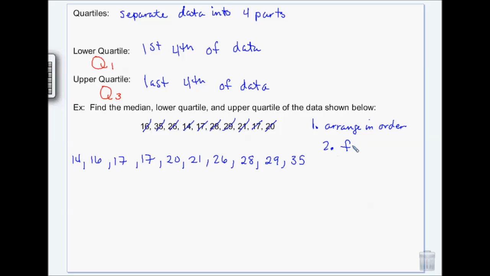Our second step is to find the median. Okay, now the median is labeled as Q2. So what I usually do to find the median is I just start moving in from the sides.